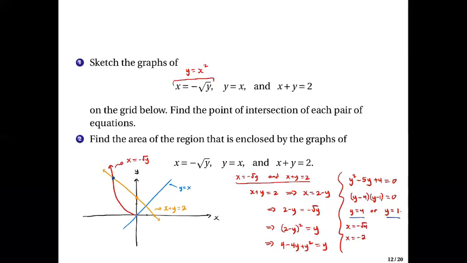On the other hand, when y equals 1, we will have x equals negative square root of 1. But this means you just have x equals negative 1. Correct?